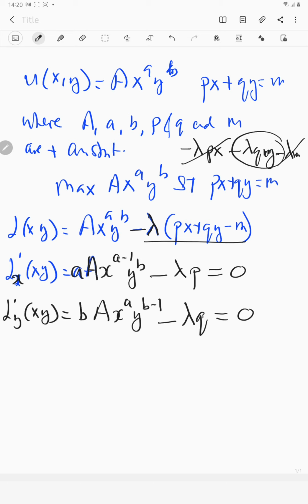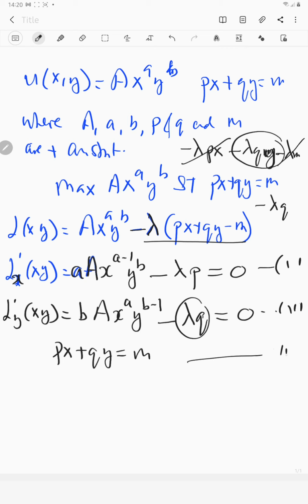Since it's just y, it becomes like this. And then the third equation is the constraint, px plus qy is equal to m. So this is equation 1, this is equation 2, and this is equation 3.